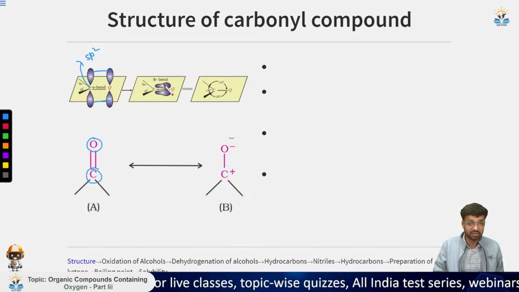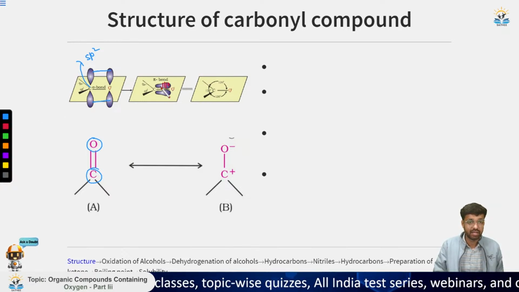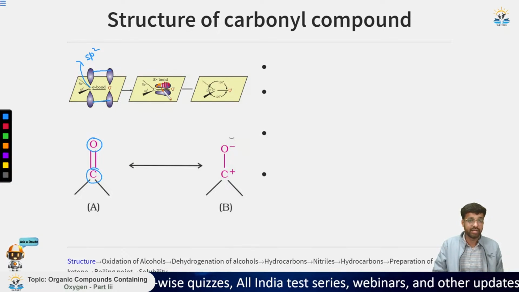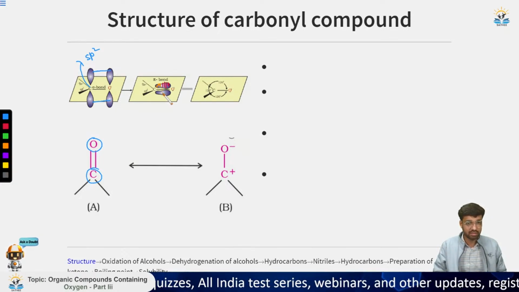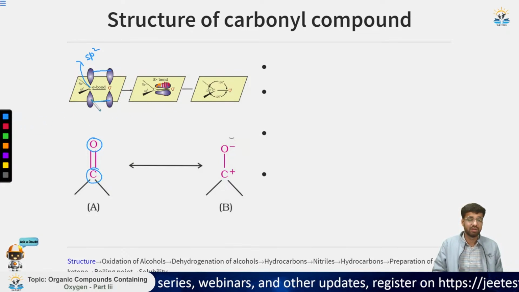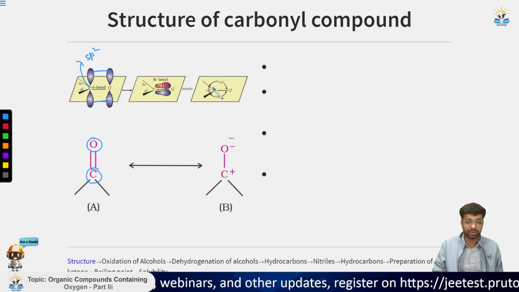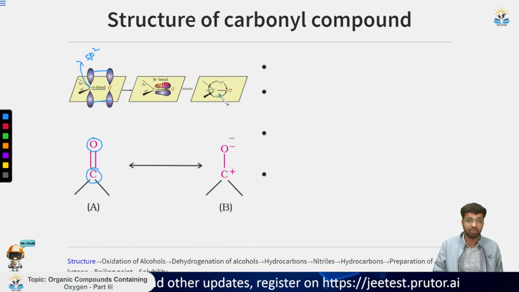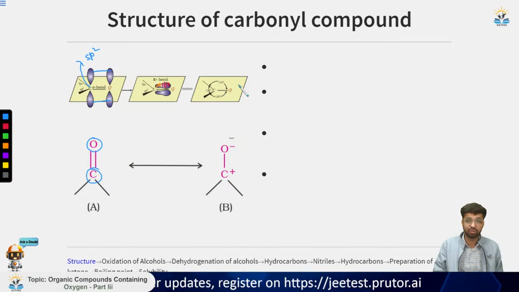So this part is greater as compared to this one, which is smaller. It depicts that the electron cloud is more towards the oxygen than the carbon due to the greater electronegativity of oxygen. Next, it has a bond angle of approximately 120 degrees, for each angle around the C=O bond.